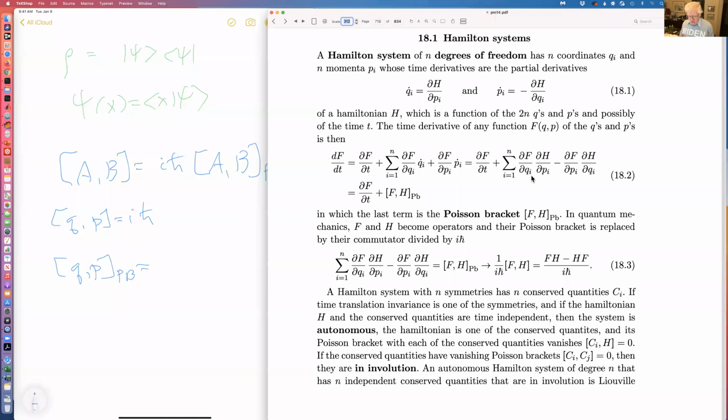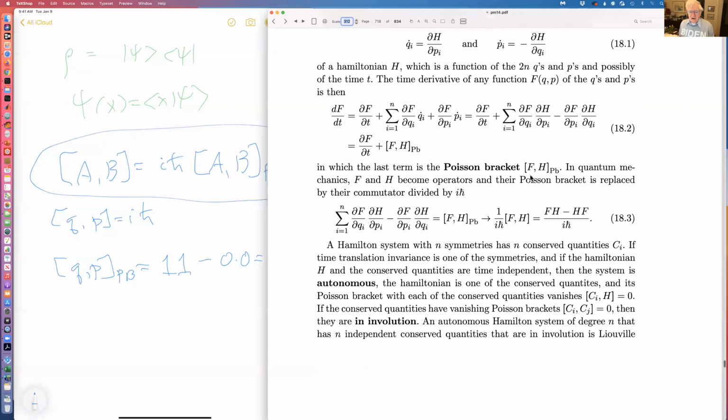Well, it's the Poisson bracket of Q, that would be 1, times the Poisson bracket of P with P, that would be also 1, minus 0 times 0, so this is equal to 1. So I did guess it right, namely that what Dirac said was that you could identify the commutator with i h bar times the Poisson bracket.